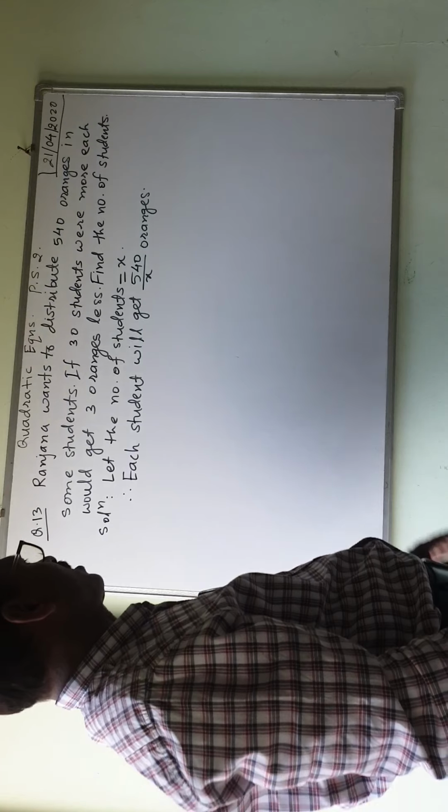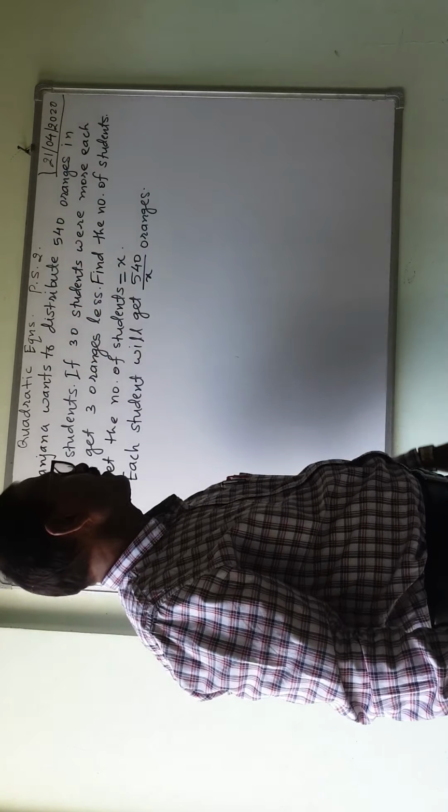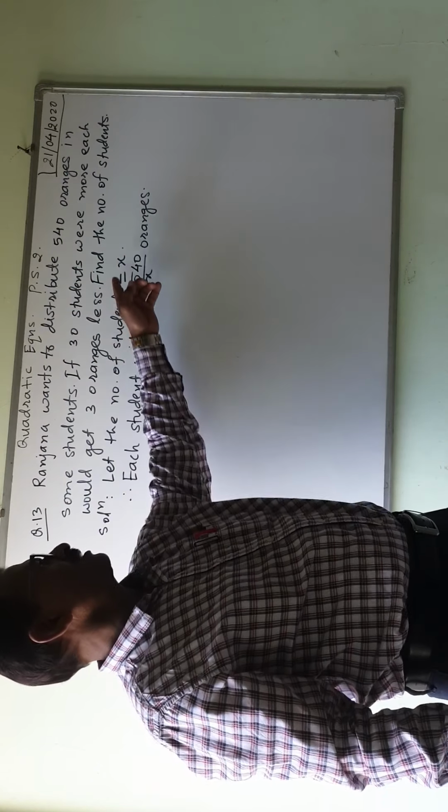Now in the next condition, what happened? If 30 students were more, 30 students more means x plus 30.